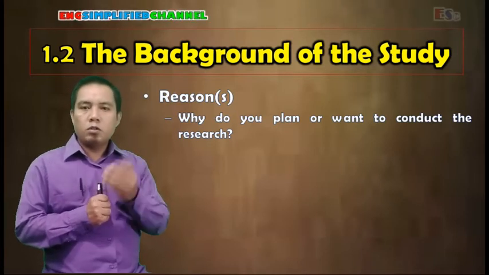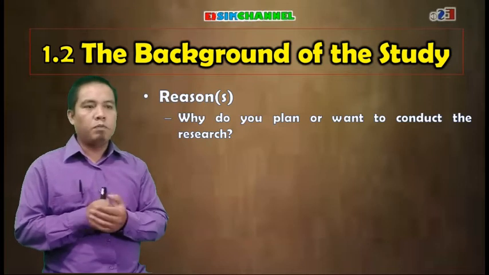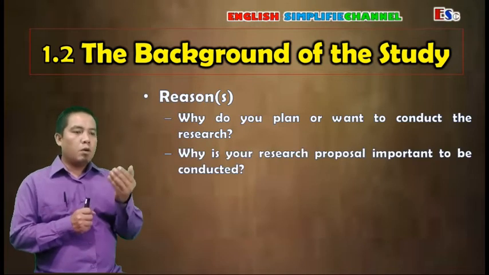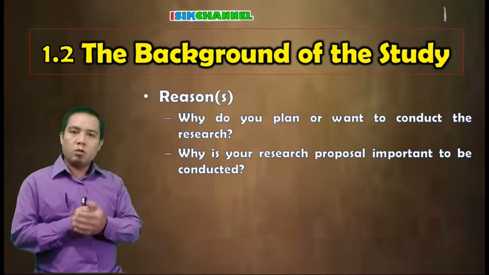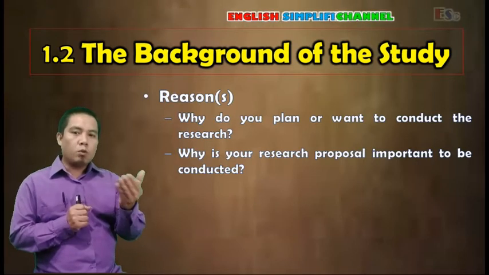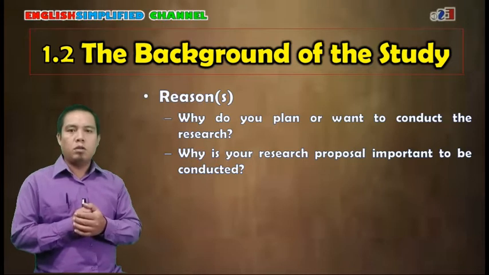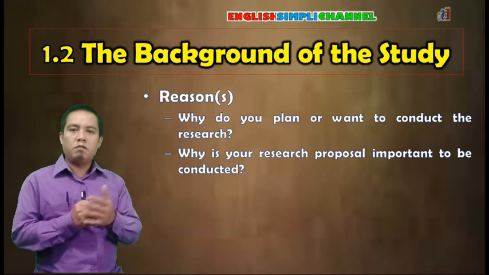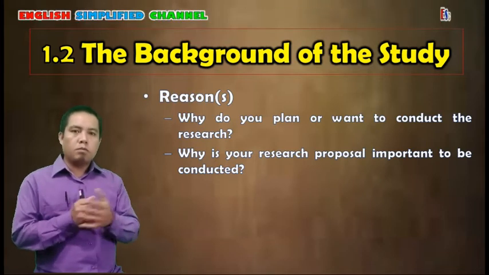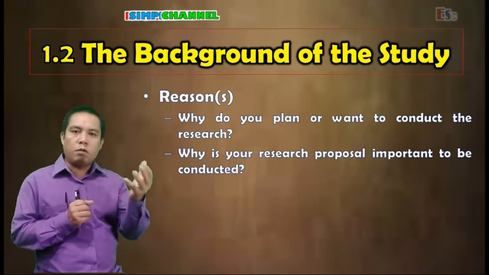Why do you want to conduct that research? And also, why is your research proposal important to be conducted? So you need to let the readers or others know that your research proposal has benefit for others.